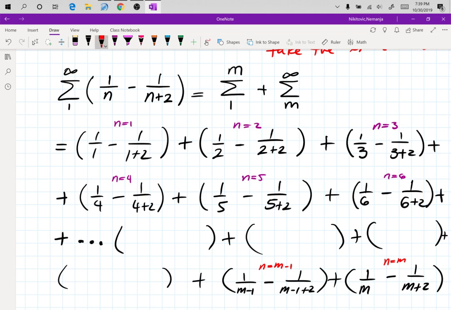So the next term over here is n equals m minus 2. So we have 1 over m minus 2 minus 1 over m minus 2 plus 2. The next term, going back again, is n equals m minus 3. That's going to be 1 over m minus 3 minus 1 over m minus 3 plus 2.